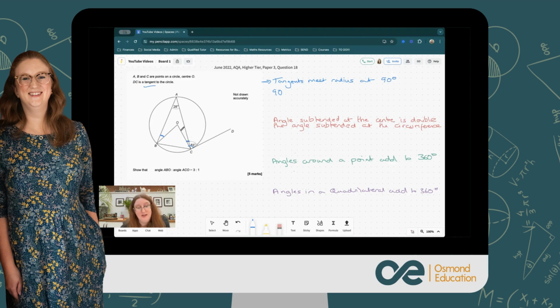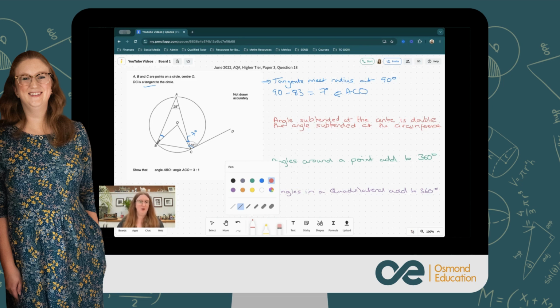A to C to O has got to be 7 degrees because I'm going to take away the 83 from the 90 and I get 7 degrees. That tells me that ACO is 7 degrees. I'm going to write it on the diagram as well so it can be seen. Now, that's your first mark. Writing down the 90 minus the 83 or writing down the 7 degrees gets you the first mark.